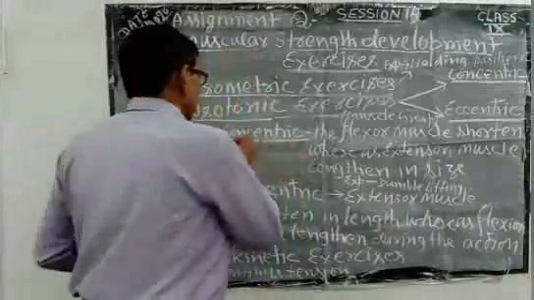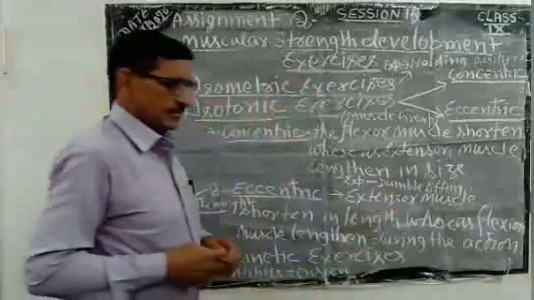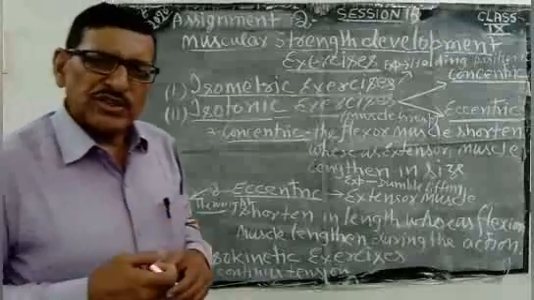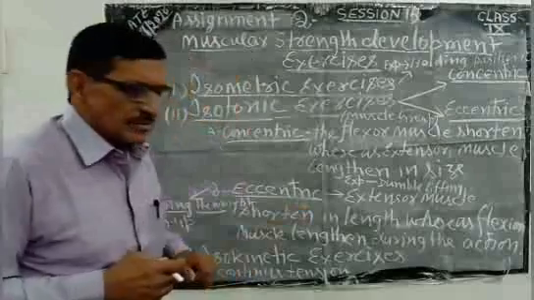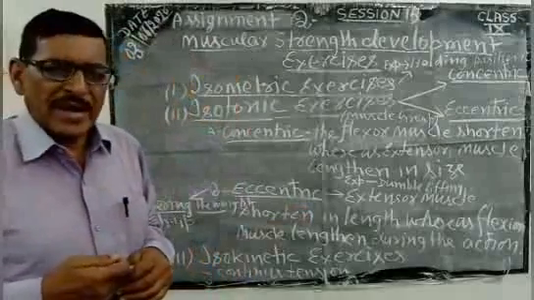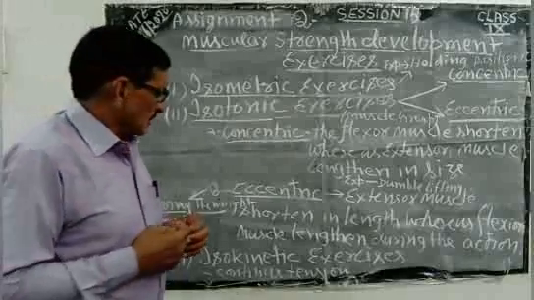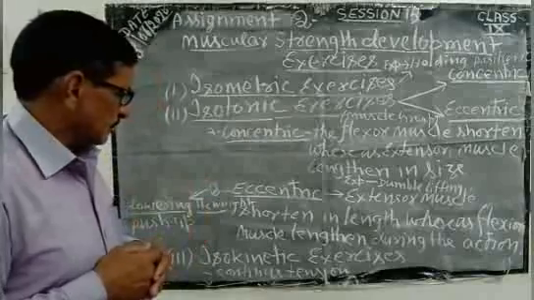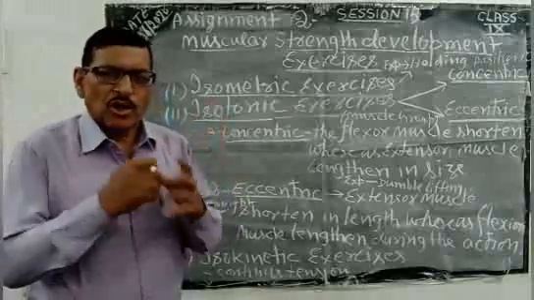Now second, eccentric exercise. We can see about the eccentric exercise. Eccentric exercise is downward movement of action. In this exercise, the extensor muscle shorten.